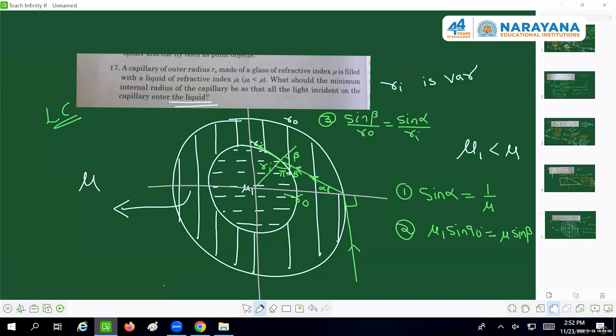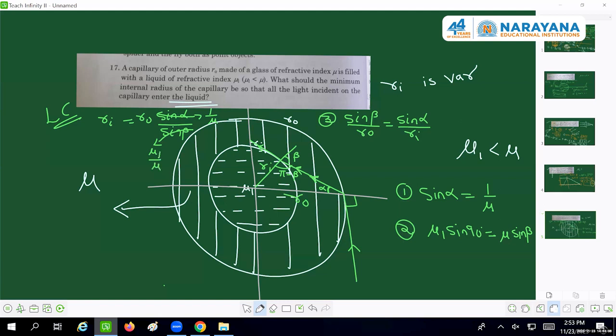So what happens is I have to find out the internal radius. So Ri for me from these three equations is coming out as R0 into sine alpha upon sine beta. And just see that sine alpha term comes out as 1 by mu, and that sine beta term is mu1 upon mu.